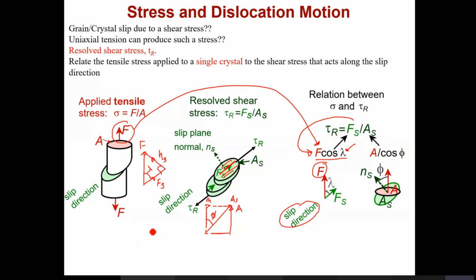So cos of phi is essentially A upon AS, and AS would essentially be equal to A divided by cos of phi, where A is this, AS is this green, and this phi is the angle between the normals of the two planes. Is it clear?